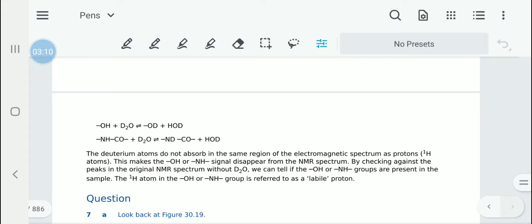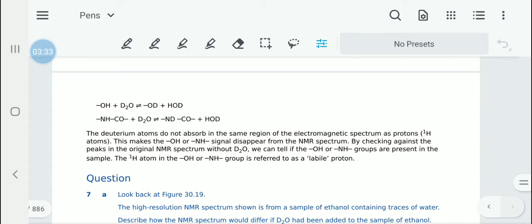As a result, the OH and NH signal will disappear from the NMR spectrum. Then if you check against the peaks in the original spectrum, you can say it could be NH or OH. After that we check with the data table, and we will be able to figure out whether it is NH or OH.